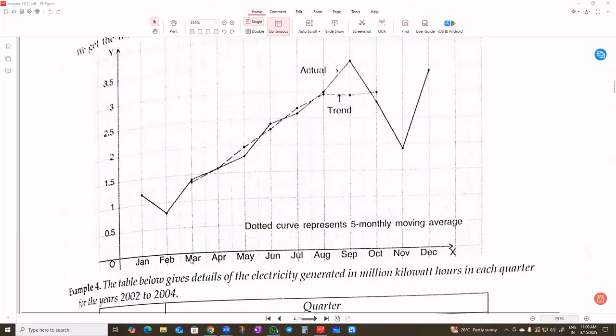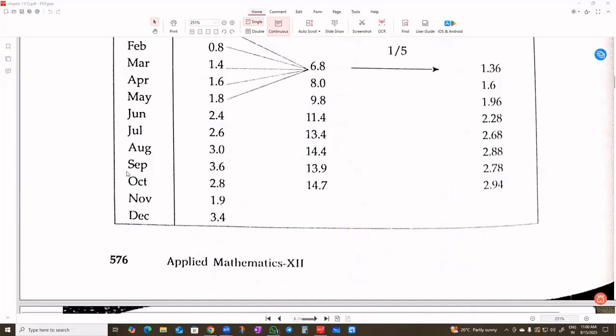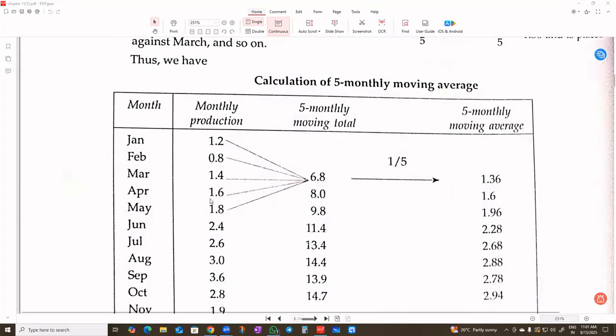That's your choice. You can do either, no issue. Marks will be given to you. And on the x-axis, take month values, and y values will always be taken from the second column. Okay, the first column will be x values, the second column will be y values.